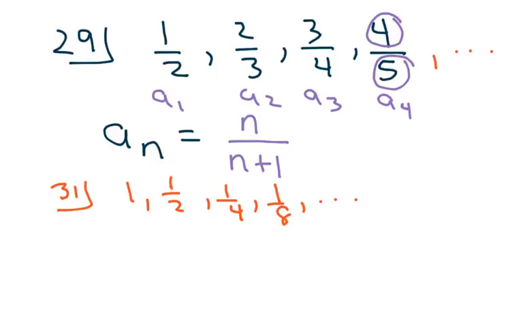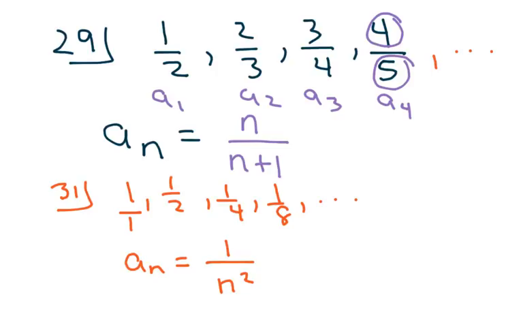All right, so now what I do notice is I can write this 1 as 1 over 1. And what we notice is that we're just squaring the bottom term. So my a sub n, I'm just going to put 1, because that doesn't change, over n squared.